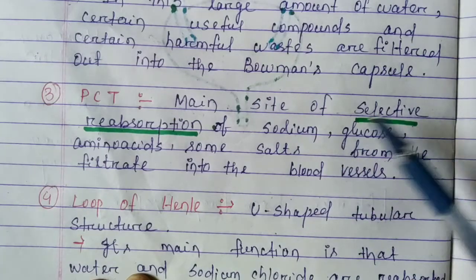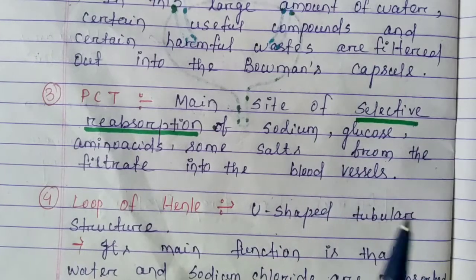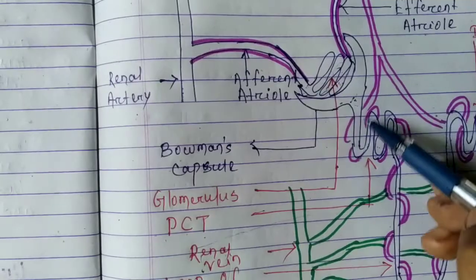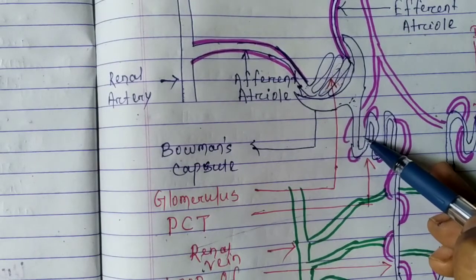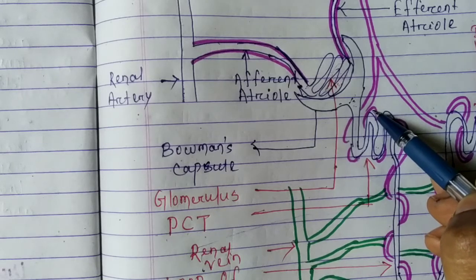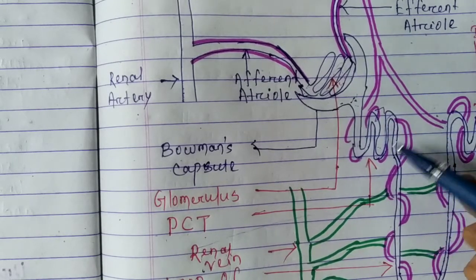Useful substances like sodium, glucose, amino acids and some salts, which are useful to our body, are reabsorbed from the proximal convoluted tubule into the bloodstream.